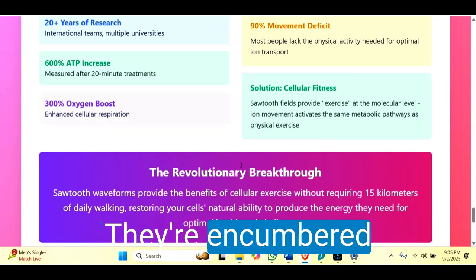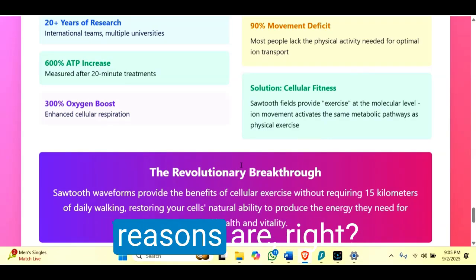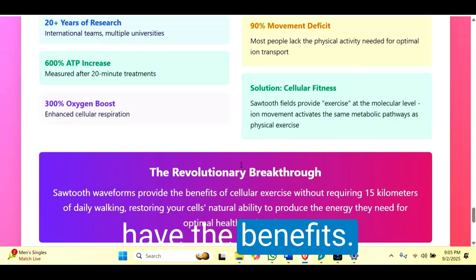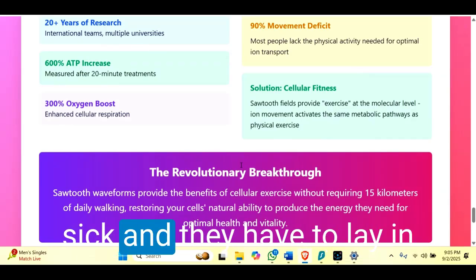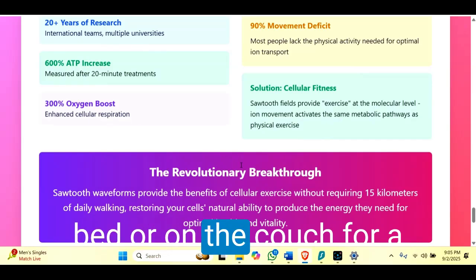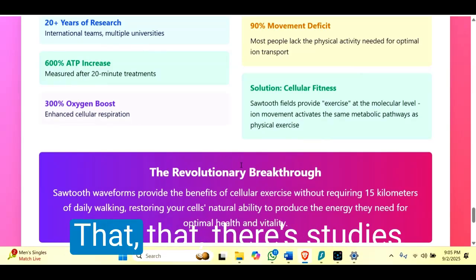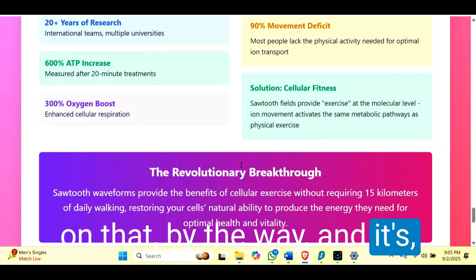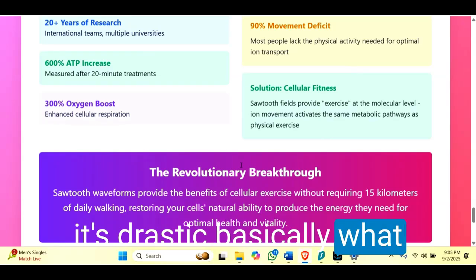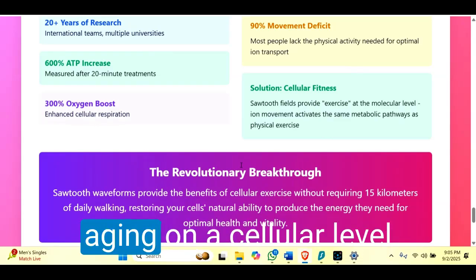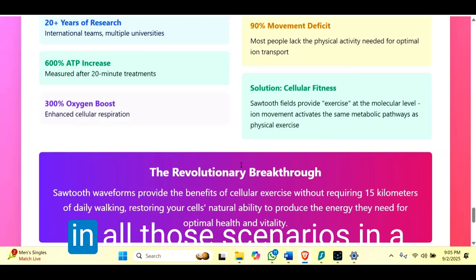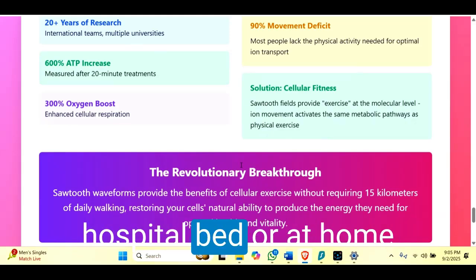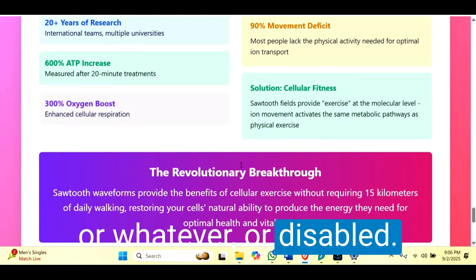They're encumbered by whatever the reasons are, right? They also could have the benefits. What about people that have serious health declines when they get sick and they have to lay in bed or on the couch for a significant period of time? There's studies on that, by the way, and it's drastic. Basically, what happens is the amount of aging on a cellular level from not being active. Think about all those people in all those scenarios in a hospital bed or at home or whatever, or disabled.